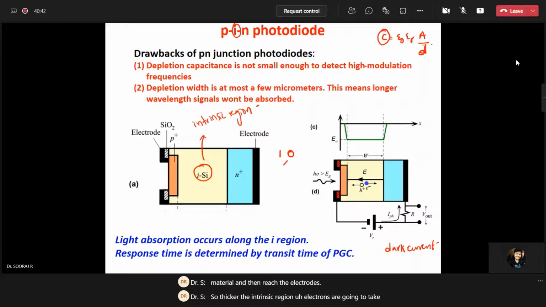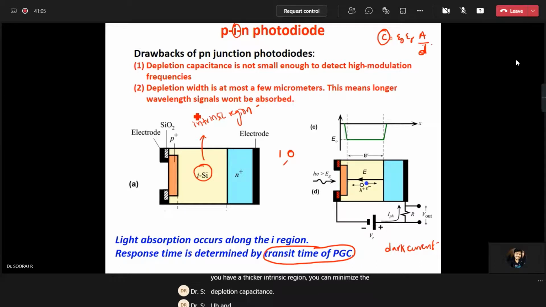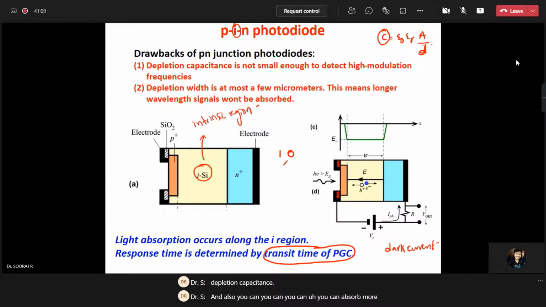The time taken by the electrons and holes to travel this distance is called the transit time. So the photo-generated carriers are going to have a larger transit time if you have a thicker intrinsic region. However, with a thicker intrinsic region, you can minimize the depletion capacitance, and also you can absorb more light. So you always have a trade-off.